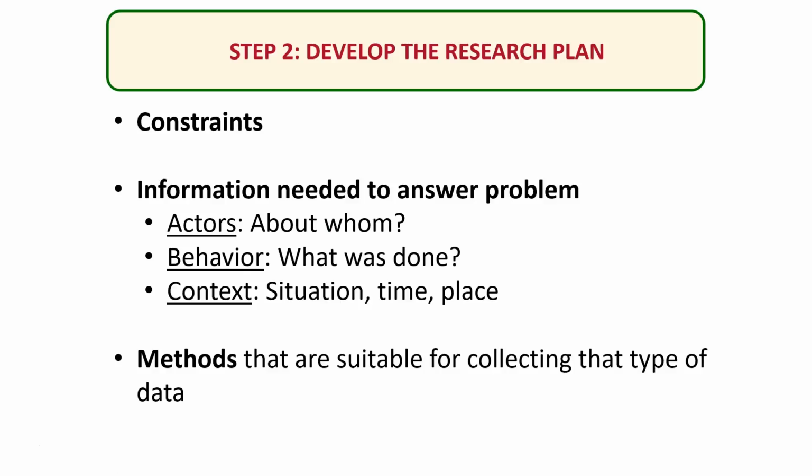So is it something like actual purchases, or is it more like reports, or whether they would use a coupon? And finally, the context. So this is situation, time, place. What is the situation? So for example, whether the customer is in a hurry or purchasing habits in a convenience store versus a grocery store.